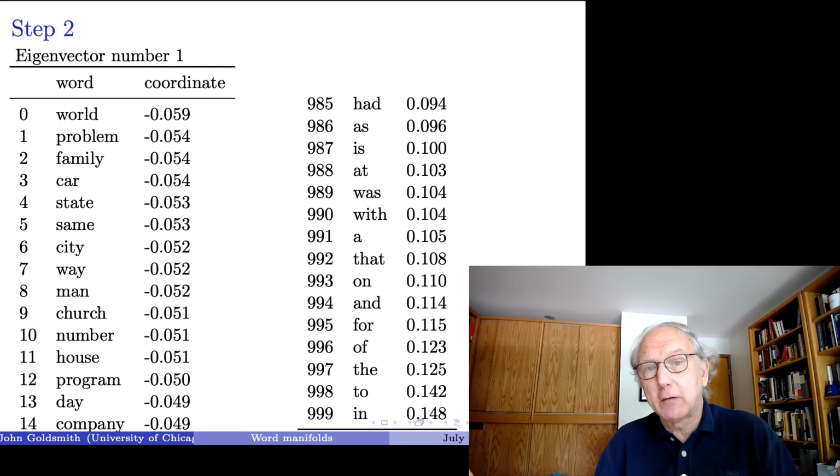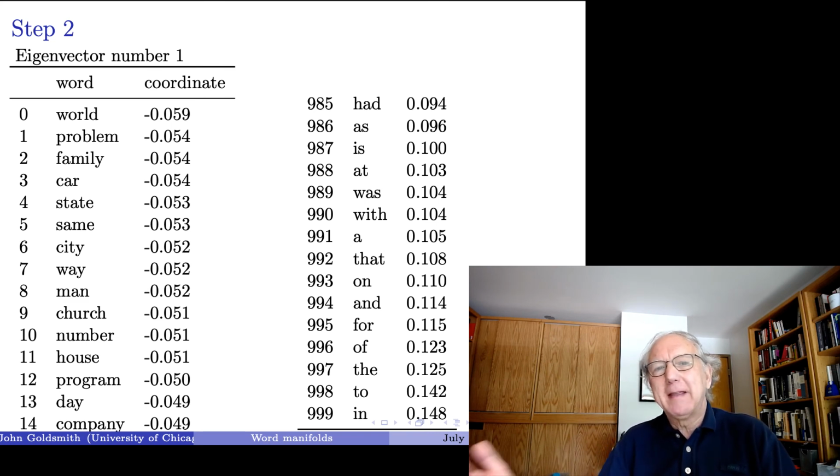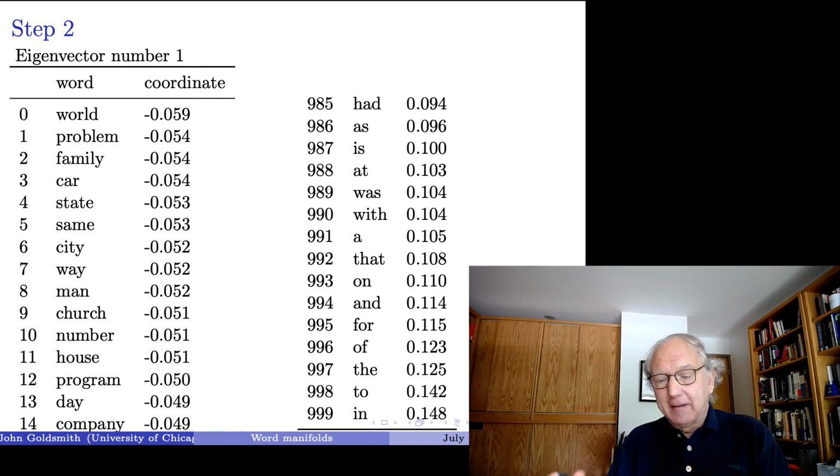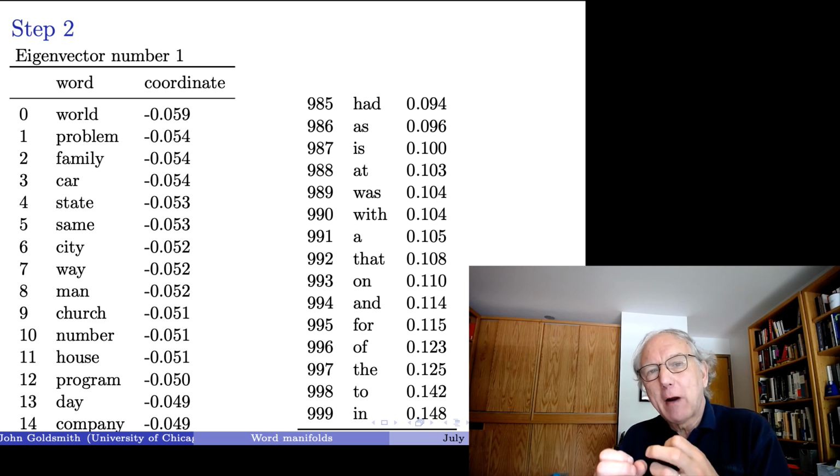And now we sort those coordinates, which normally wouldn't make any sense to sort the coordinates of a vector. What could that possibly mean? But the point is, because of the mathematics we've done, we know that these eigenvectors have the property that they give coordinates that don't differ very much to words whose behavior is very similar.